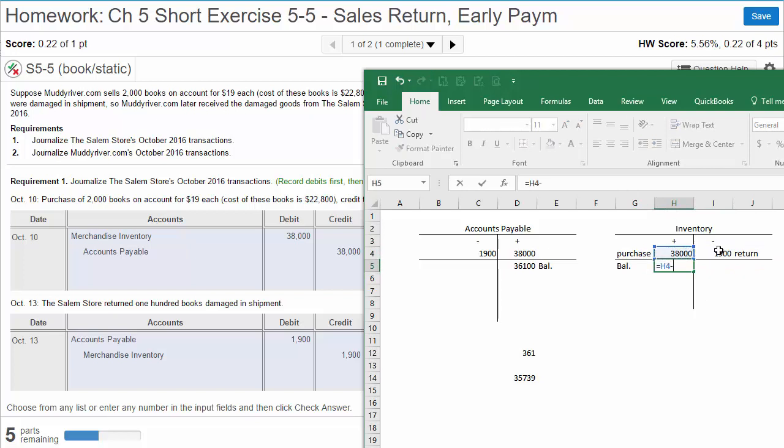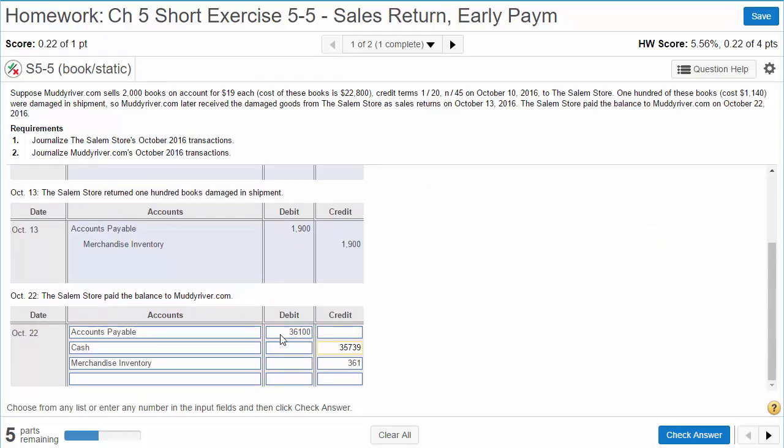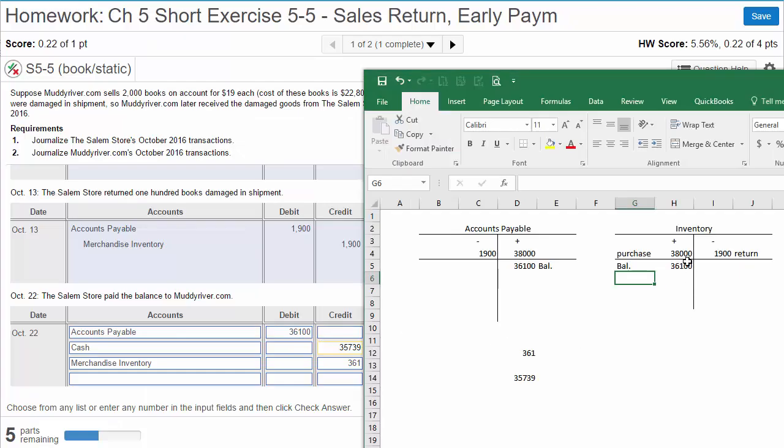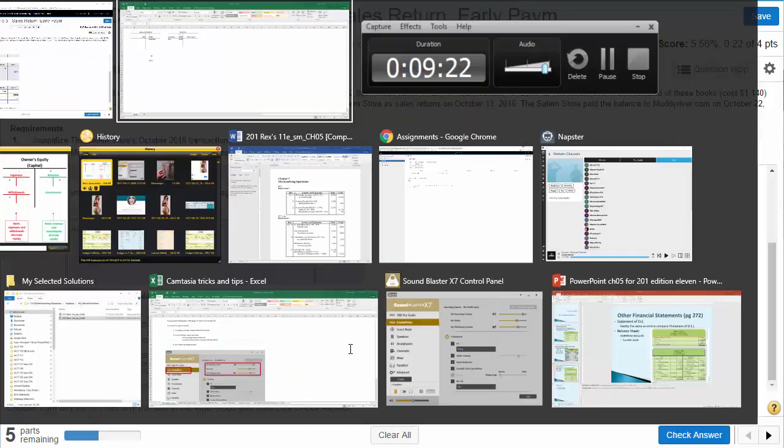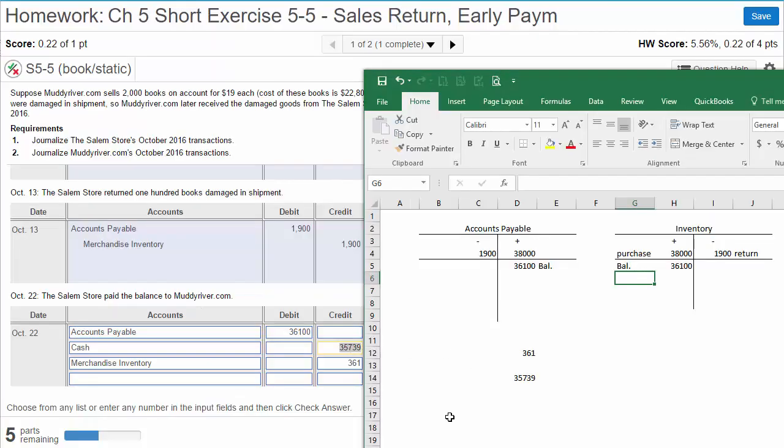Bottom border. So our balance is 38,000 minus the $1,900. So according to our T account, this inventory cost $36,100. But did it really cost $36,100 after we got the discount? No. If we look back here, it really costs us $35,739. So how do we adjust this account to go from $36,100 to $35,739?